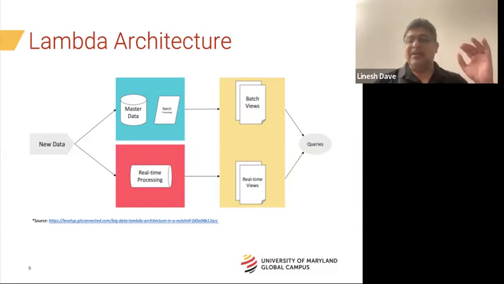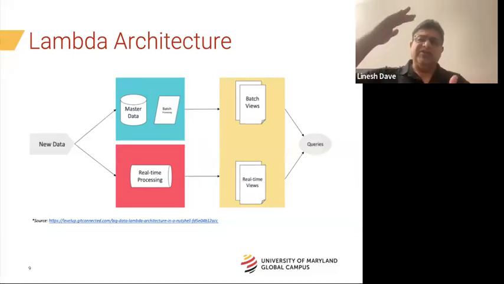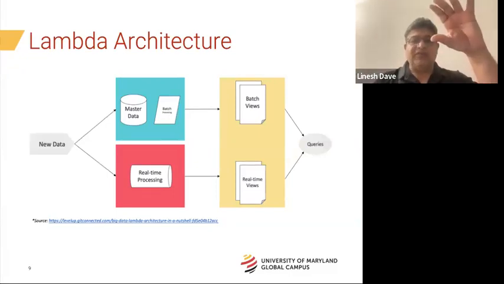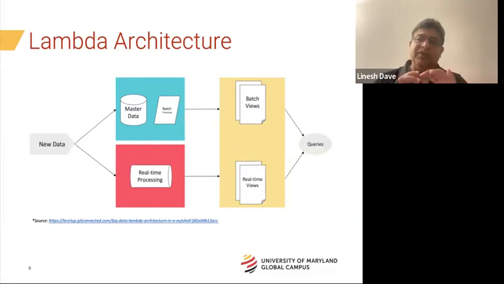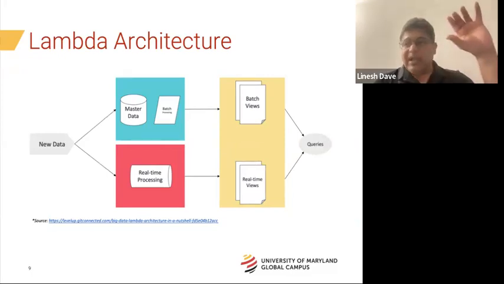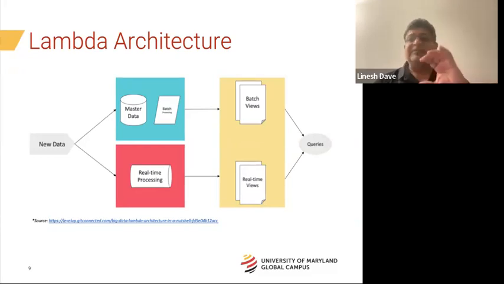And once that is done, there's a serving layer, right? And that could be in different technologies. There could be only one serving layer that will house both the batch views and the real-time views, which is going to give you a view of the data accordingly. Or it could have separate layers, like a batch serving layer and a real-time serving layer. But once again, you can query this data and find out.